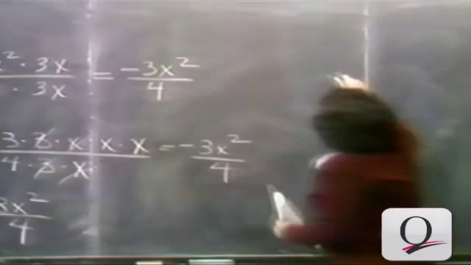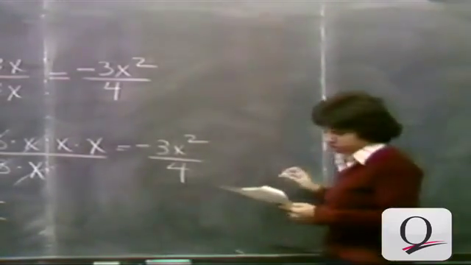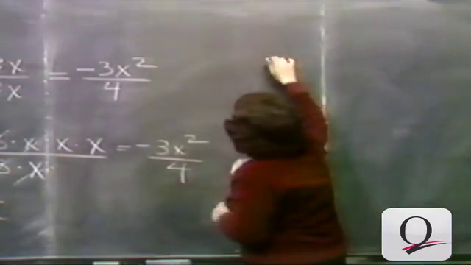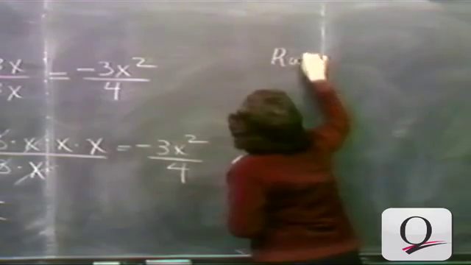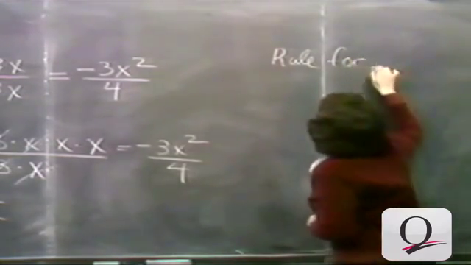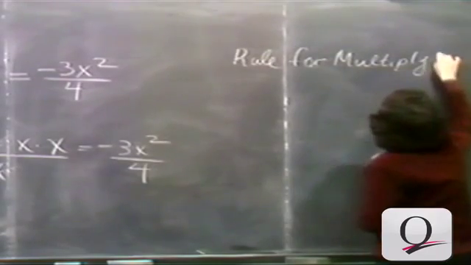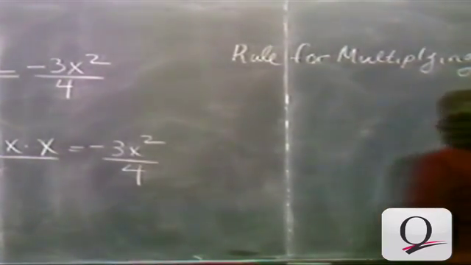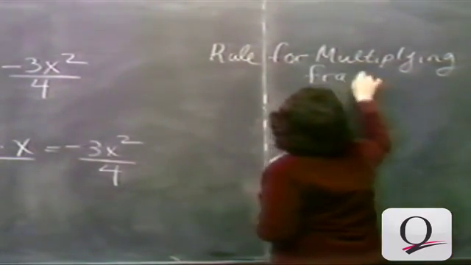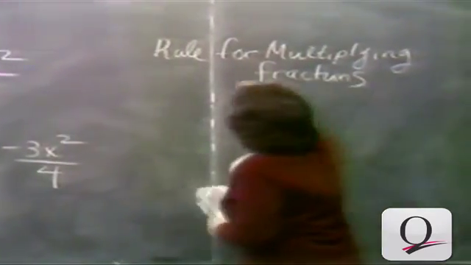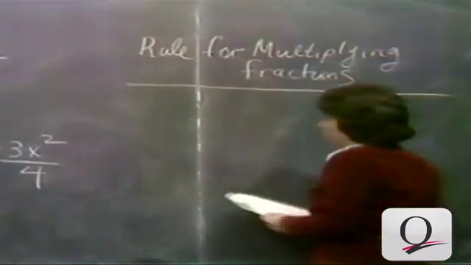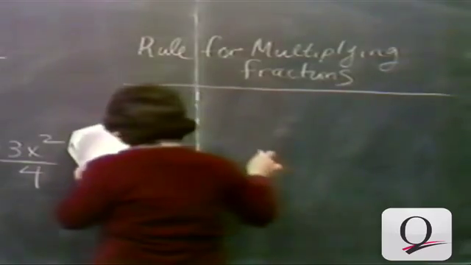Let me remind you how you multiplied fractions when you were working in arithmetic. This is the rule for multiplying fractions. And then we can get some more sophisticated problems down.